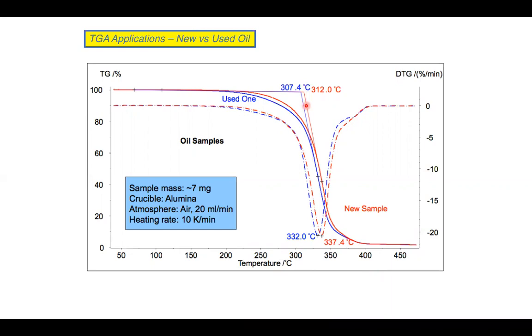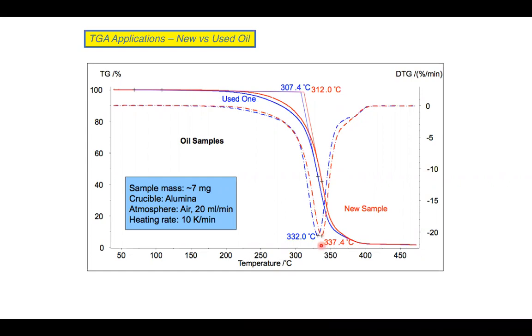So for the used one, it's been degraded slightly. So its decomposition onset is about 5 degrees Celsius earlier than that for the new sample. And then the same goes for the overall stability here in the second derivative differential TGA. We have a difference of about 5 degrees Celsius.